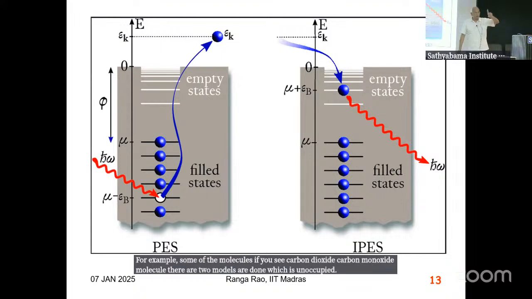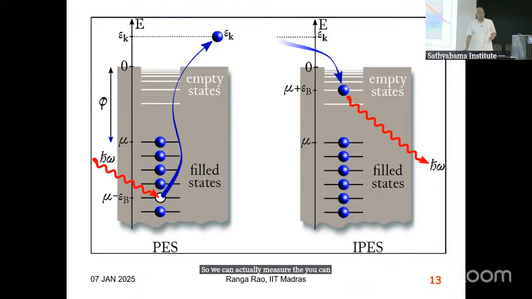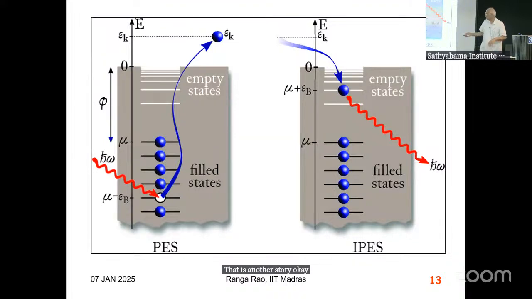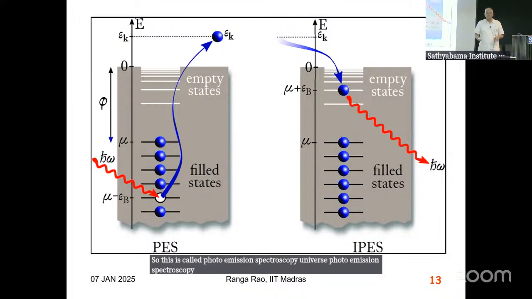So you can actually probe the 2 pi orbital of carbon monoxide using inverse photoemission. That is another story. So this is photoemission spectroscopy and inverse photoemission spectroscopy.